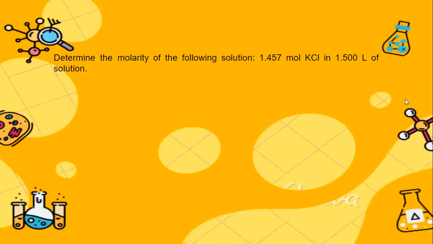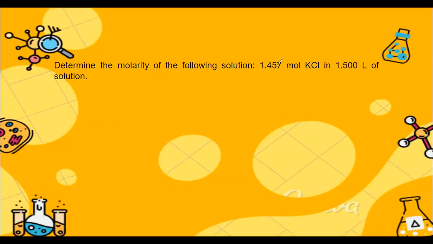Okay, so for our next problem for molarity, determine the molarity of the following solution. So we have 1.457 mole of potassium chloride in 1.5 liter of solution. So our formula is you need to divide moles of solute by liter of solution.